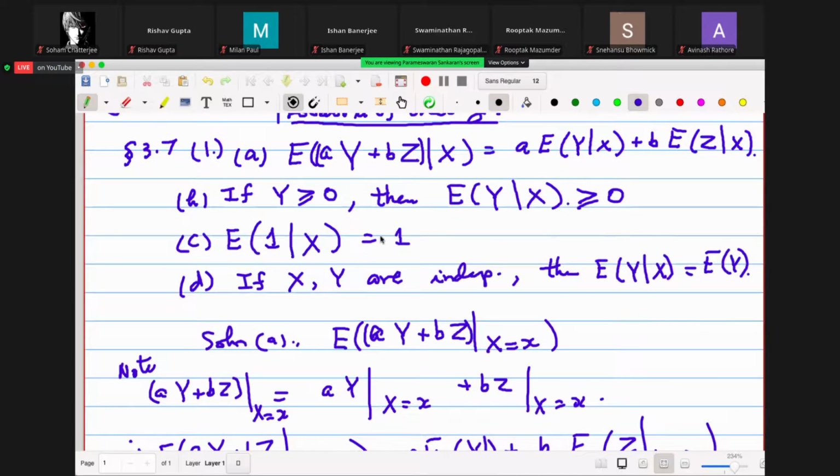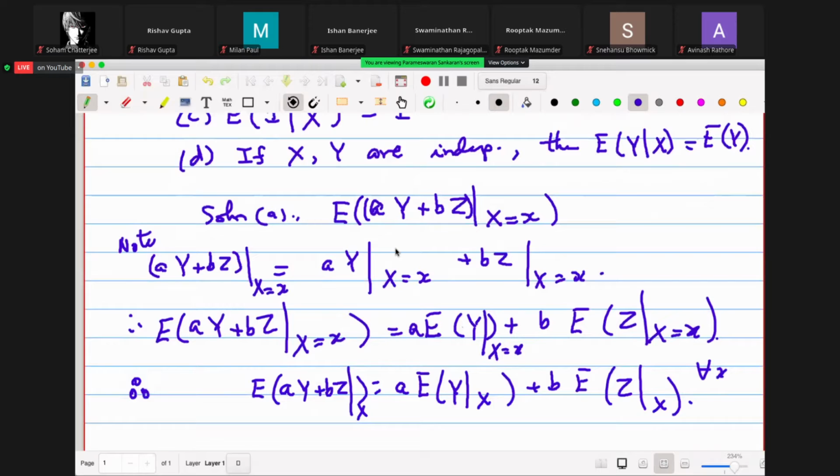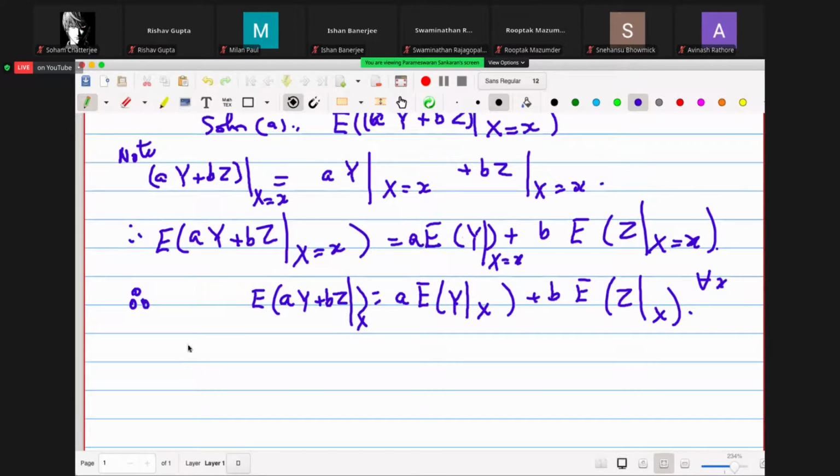Even this is equality of random variables, not equality of numbers. Of course, it's a constant function, so this is not the constant real number 1, but the constant function 1 on omega. That's what it means. And for B, it is clear, right? So let's prove B.